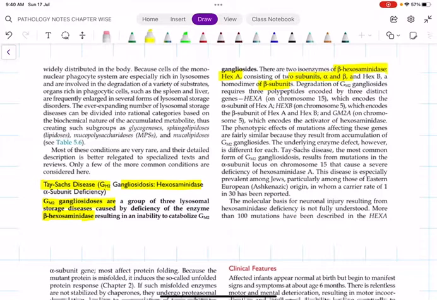So there are 3 different genes which encode for this. One is called HEXA, another is HEXB, and another is GM2A.